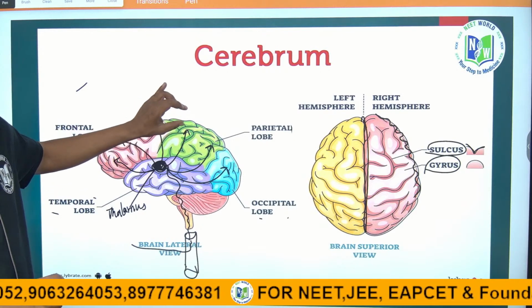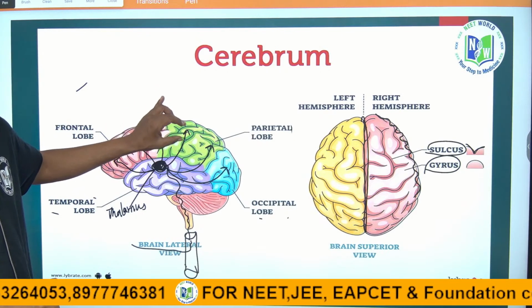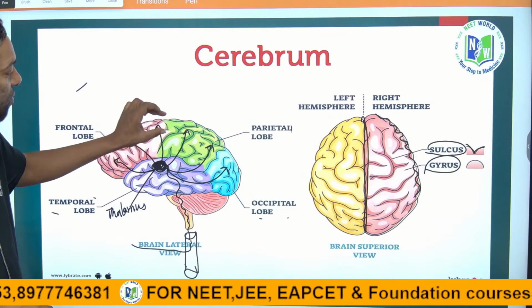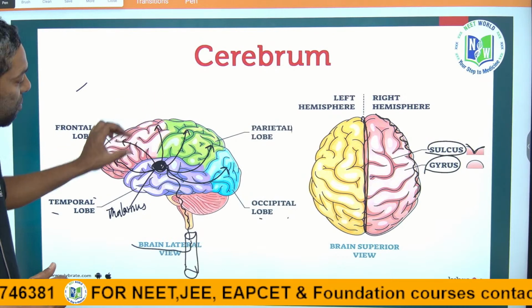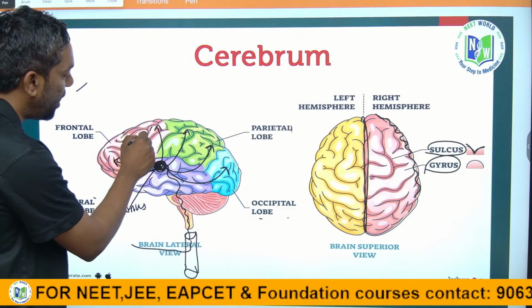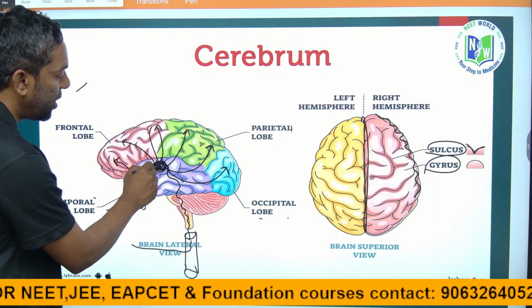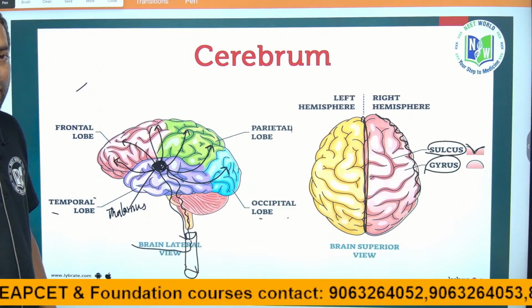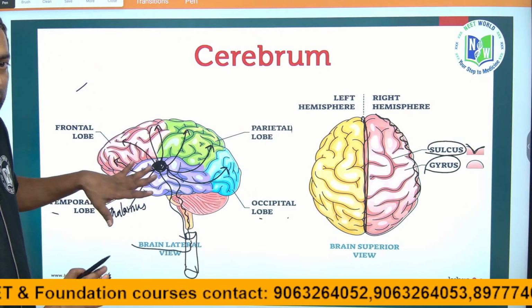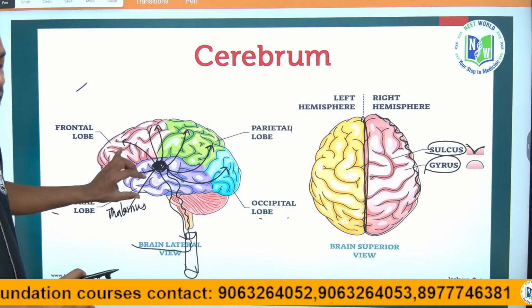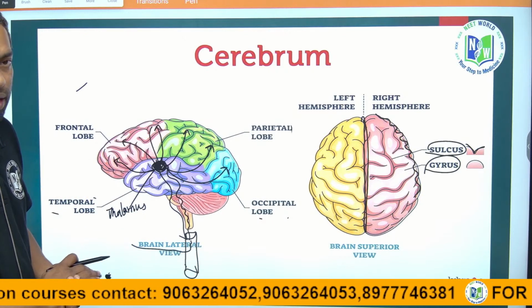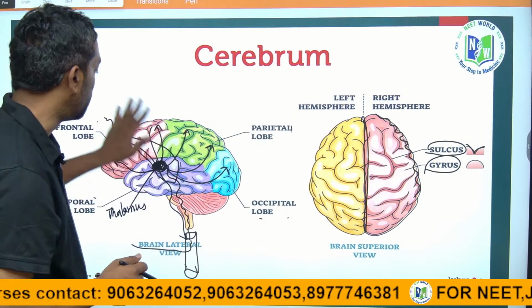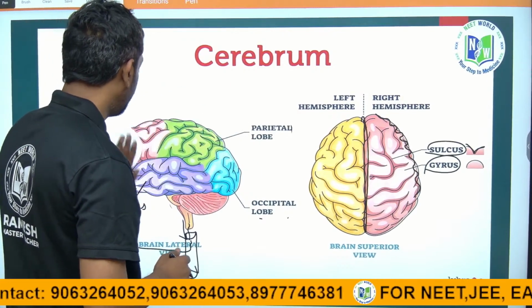That part takes the sensory information and gives it to the motor area, and the motor area finally reaches the thalamus again, and the thalamus gives the information to the spinal cord. Okay, this is the information flow going on in the brain. We will discuss the different parts.